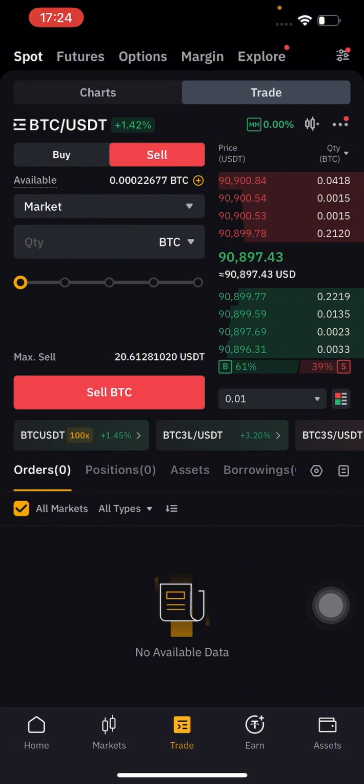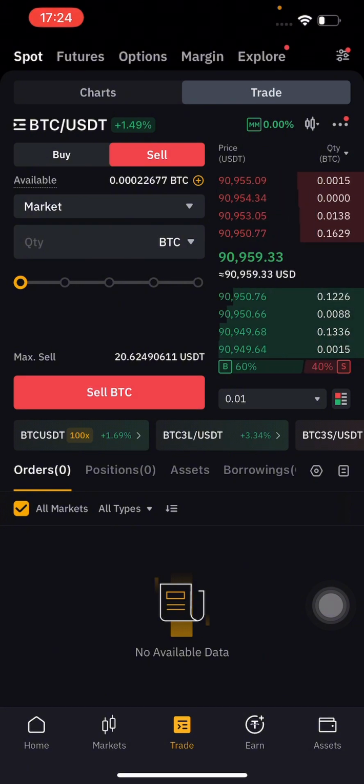Okay, so now, as I was saying, guys, let's say you enter the price at 90,000 and the price goes up to 90,900. Now you want to take profit instantly. You don't want to wait for price to reach 91,000 or 92,000. Okay, guys, you don't want to wait for the take profit to be hit. You want to take profit instantly.